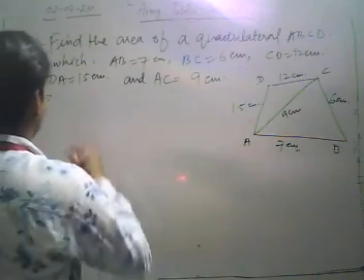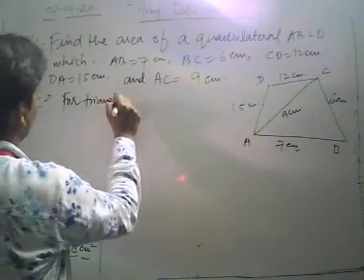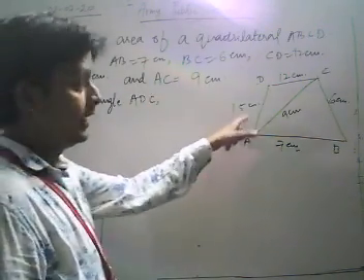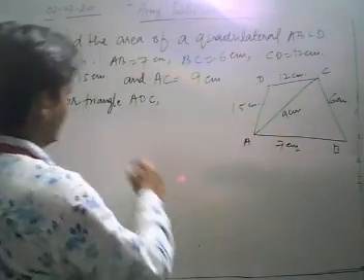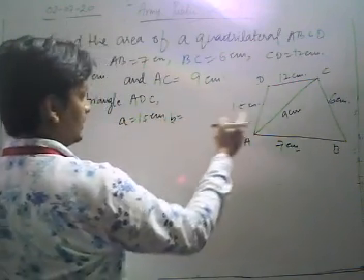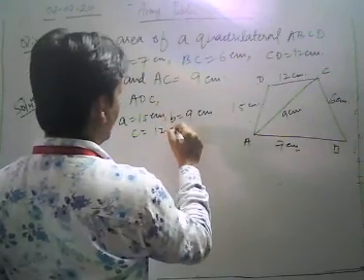For triangle ADC, one side is 15, another side is 9, and the third side is 12 centimeter.